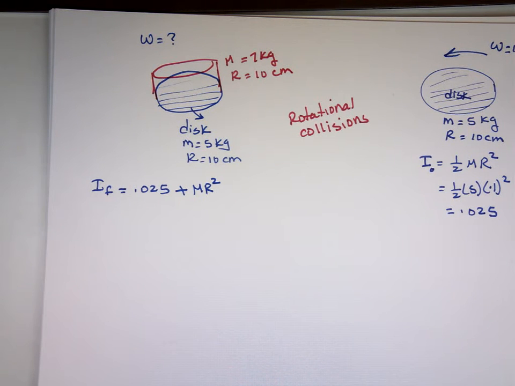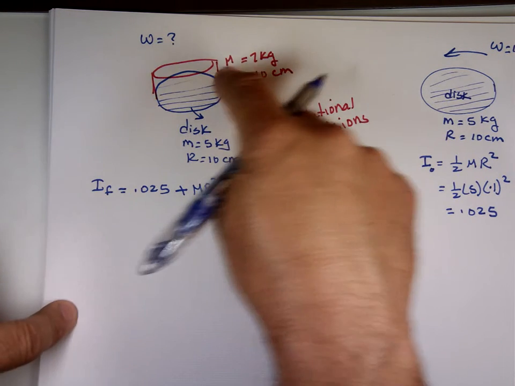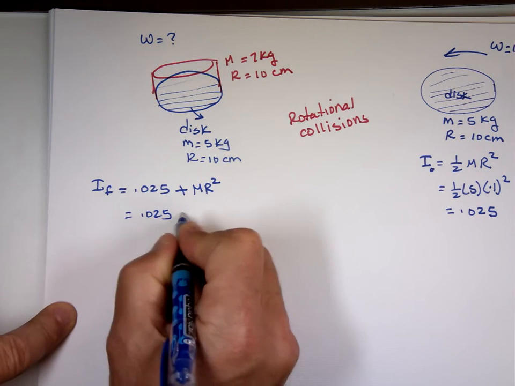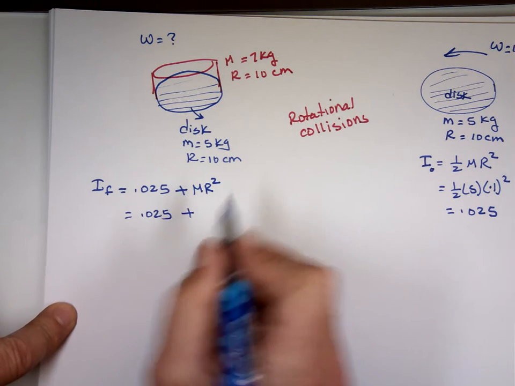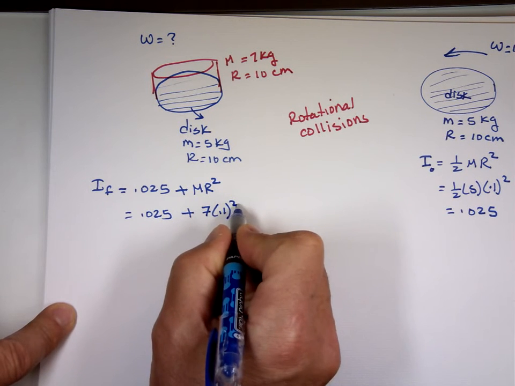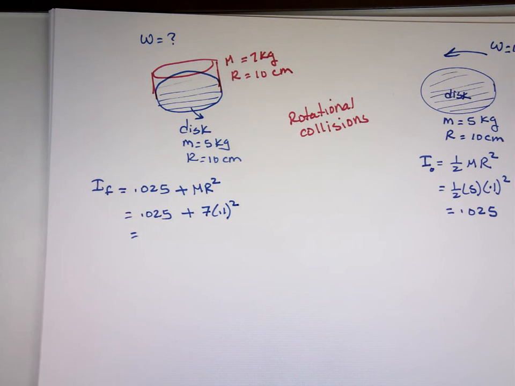We're talking about the m for the red one. So the blue one is the bottom one, plus the inertia for that hoop on the top, which is 7 times 0.1 squared. And the result becomes 0.095.